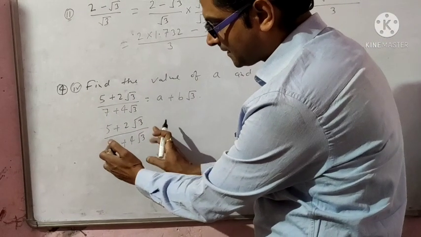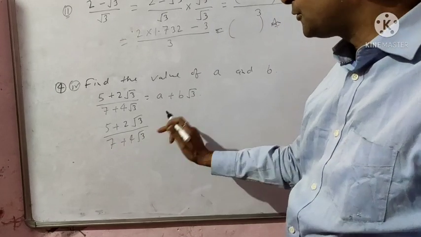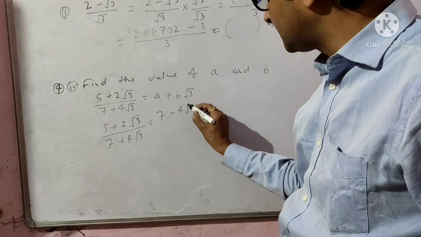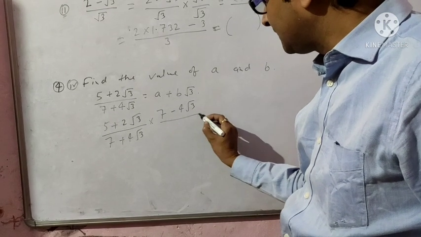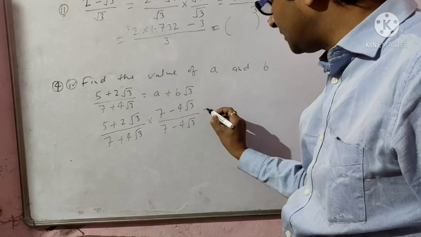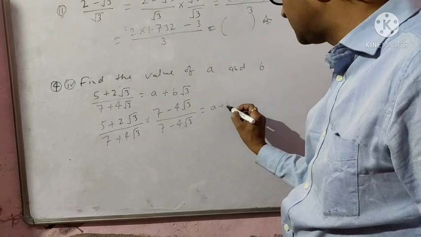The denominator is 7 plus 4 root 3, so we multiply by 7 minus 4 root 3 divided by 7 minus 4 root 3, equal to a plus b root 3.